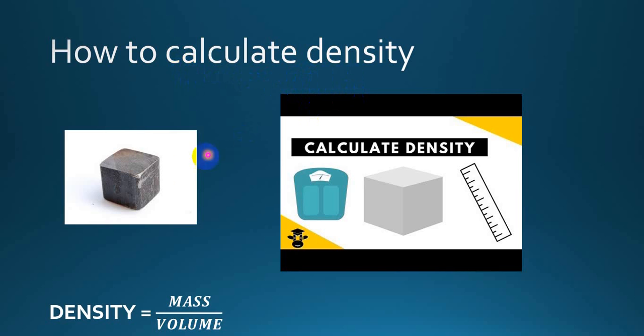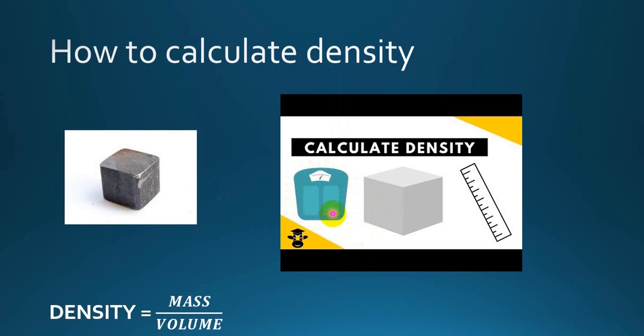Here I have an iron cube, and I want to find, calculate, or define the density of it. First, we will calculate the mass of this iron. Calculating the density of this iron cube means that we have to calculate the mass of it by using the digital scale, for example.